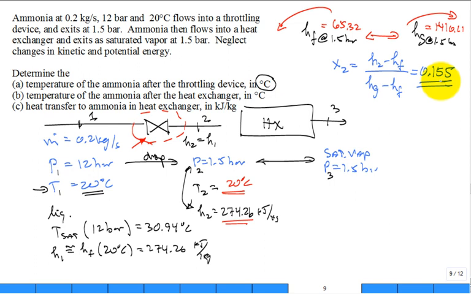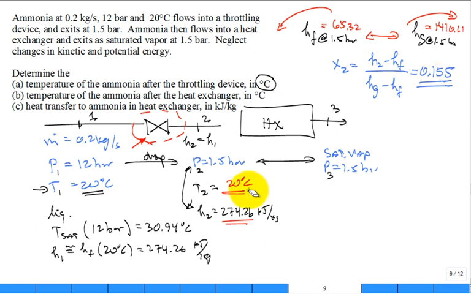It's 15.5%. That 15% of it's in the vapor state, in the gas state. What about the 85%? It's in the liquid state. They're both at the same pressure, and they're both at the same temperature.